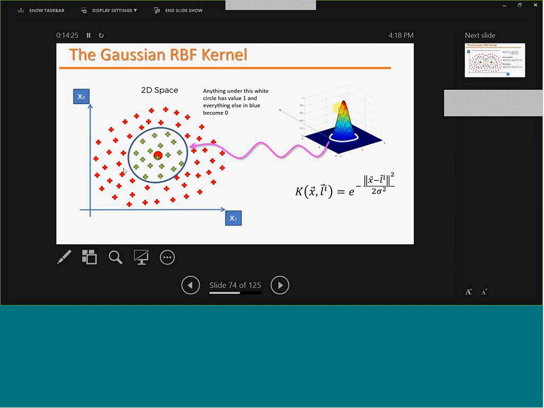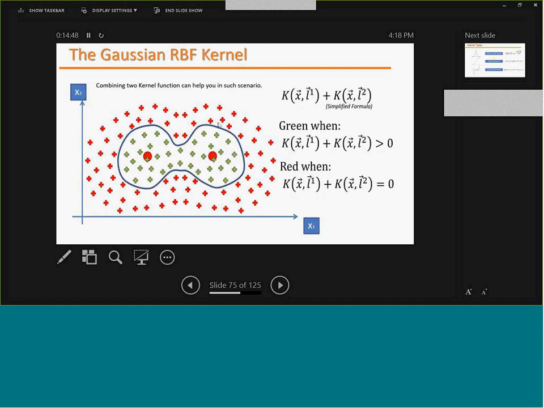So this is the 2D look. Otherwise, if you would like to see 3D, it looks like this. So what we have to identify over here is, if we introduce a new data point, whether the color would be green or red. This is exactly how it is done. For that we apply the RBF kernel function, and then it will identify.